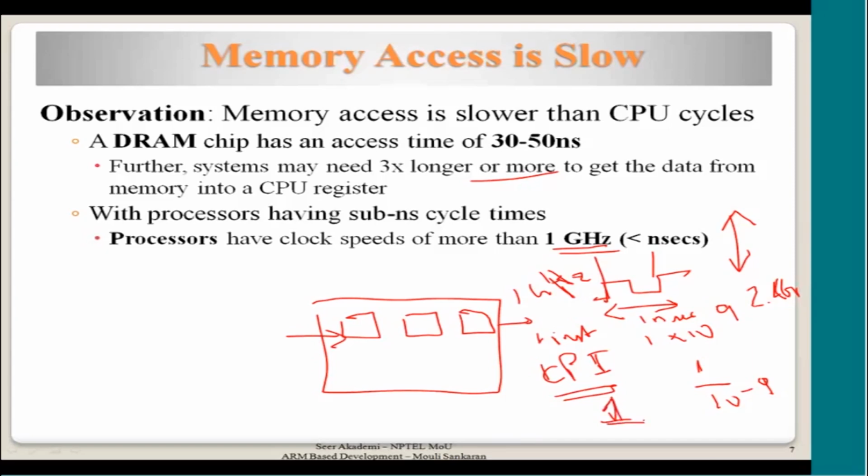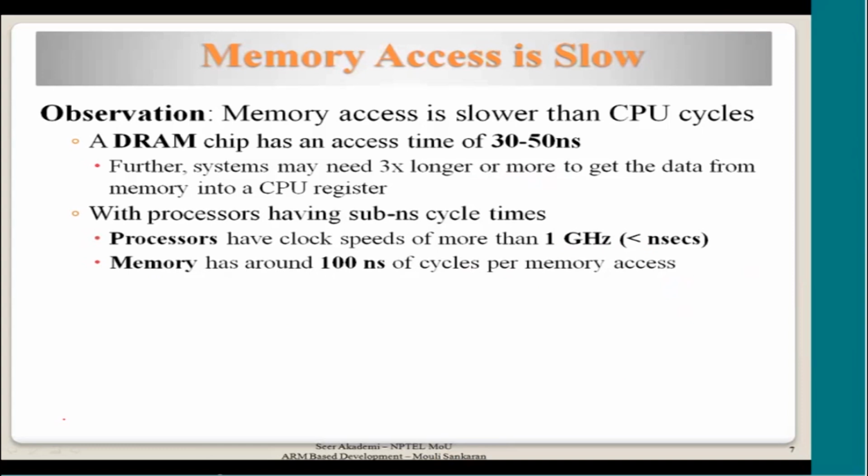That means the processors are now running at this speed. It has the capability to execute 1 instruction in 1 nanosecond. But does the memory have that kind of speed? Unfortunately, they do not.